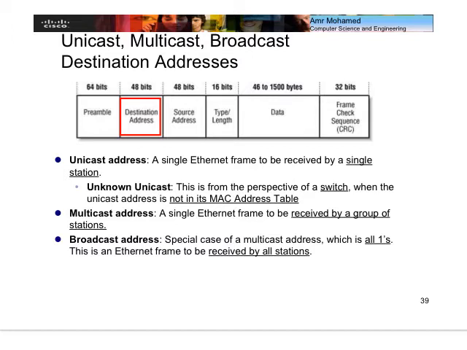Okay? And then each node that is interested to join will say, I want to join. Then the switch will take this join request, and it will update its table that this multicast address now has one joining. After some time, another person says, I want to join this multicast address.